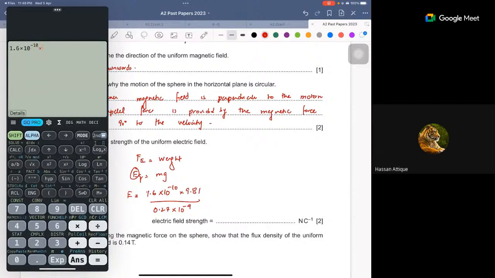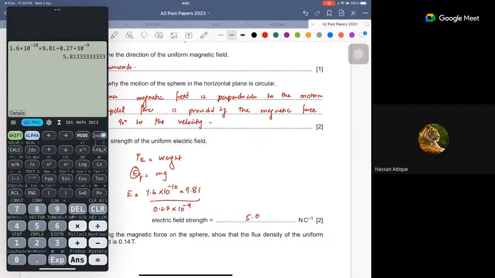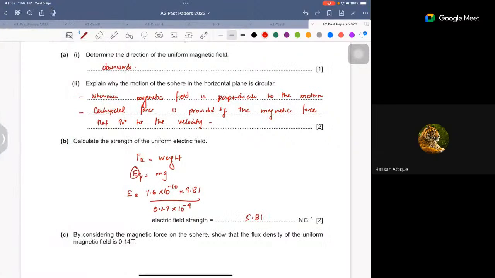Multiply by 9.81 and then divide by 0.27 times 10 raised to the power minus 9. So that's 5.81. That should be your answer.